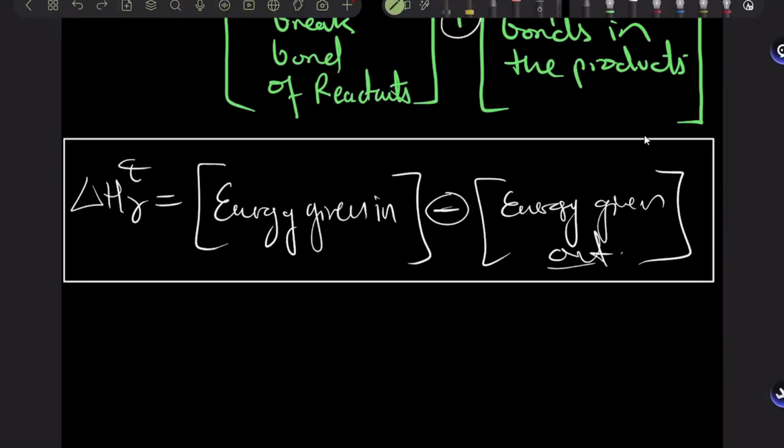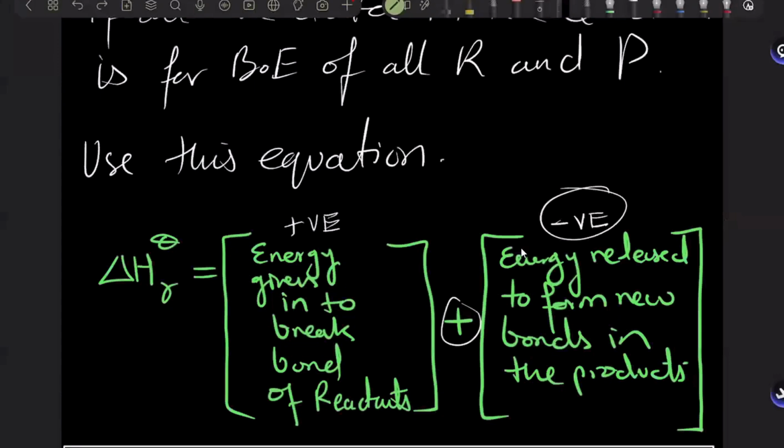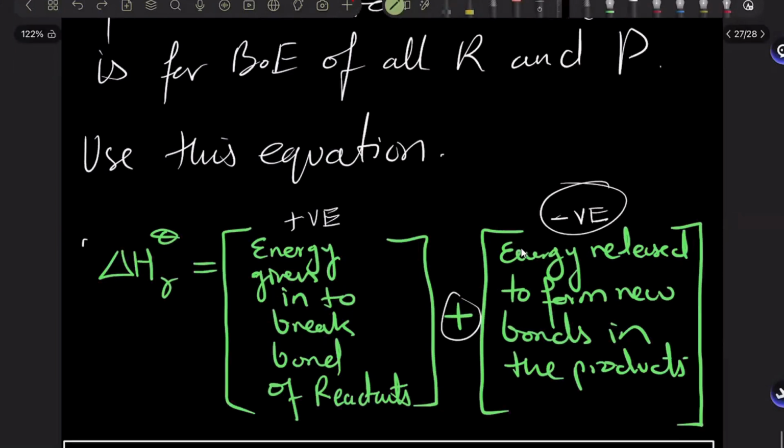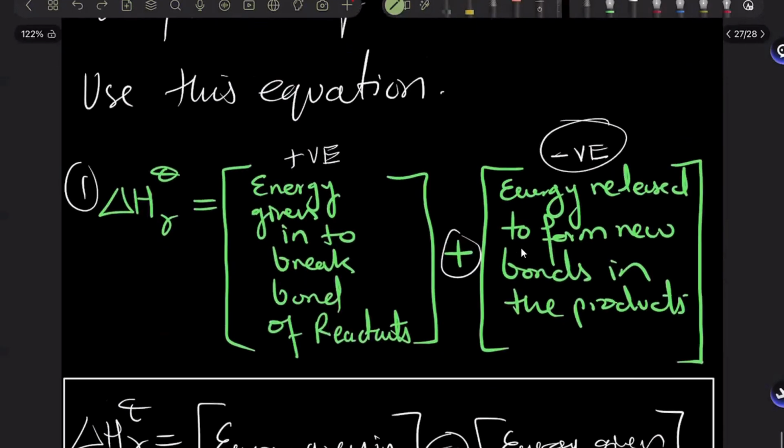Clear? Okay. All right. So if you want to use this first equation that I've given you, then you have to make sure that whatever values you write over here, they are negative because that's energy released. But if you use this equation, I've already catered for this negative sign over here. Why?